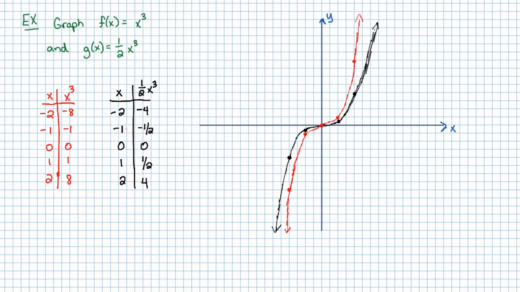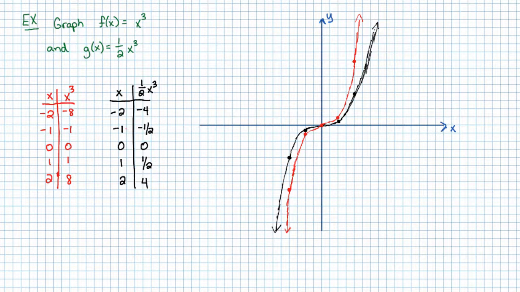This is what's very difficult about graphing by hand. It's really difficult to see, but remember the red curve represents our original base function. That's our base graph for y equals x cubed, or in other words, our cubic base graph. And the black curve is 1/2 of that.